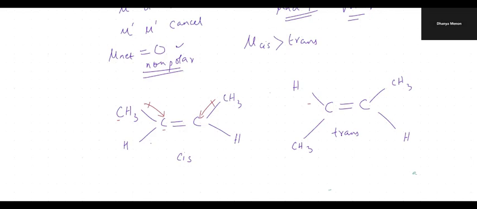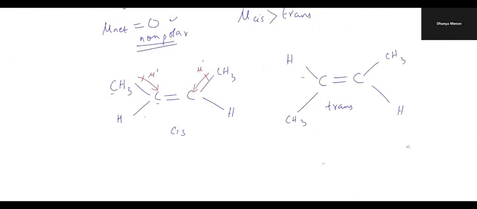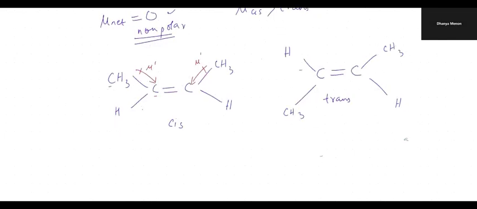So suppose this is mu dash and suppose this is mu dash. Now, for hydrogen, it is from hydrogen to carbon. And in the cis form, you can see they are not cancelling each other. Okay, so the mu net is not equal to 0. Therefore, this molecule is polar.